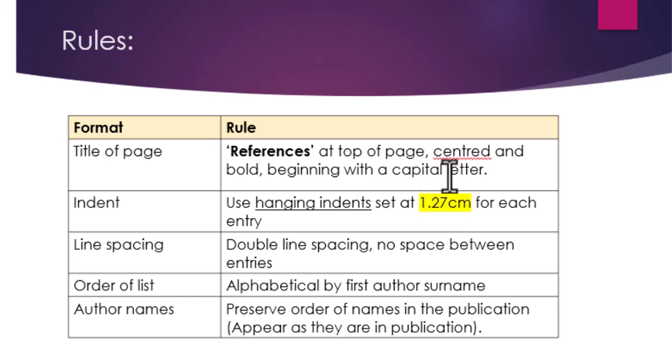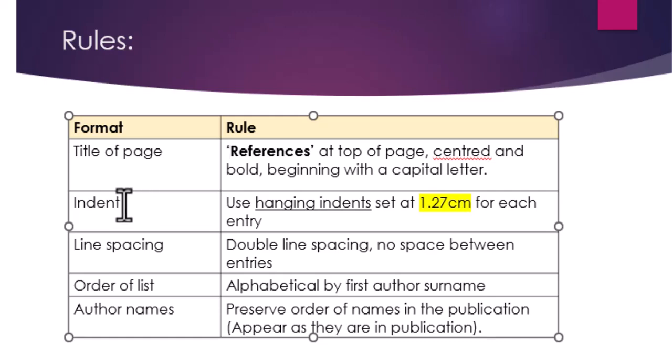As well, it should begin with a capital letter. So you see this word here, this word Reference. It should be placed at the top of the page. It should be centered, it should be bold, and the letter R should be in capital.